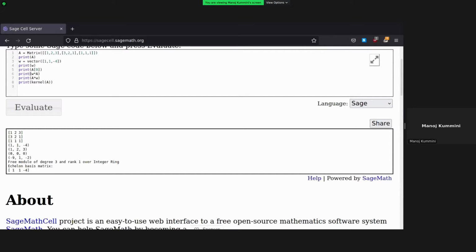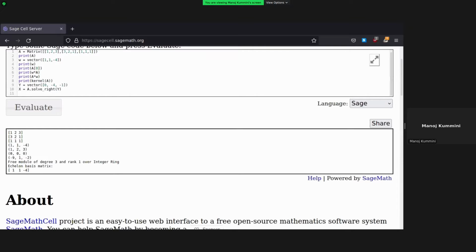Okay. So this is just some basics. We can also solve equations. I'm just defining a vector, and I'm asking it to solve A x equals y.